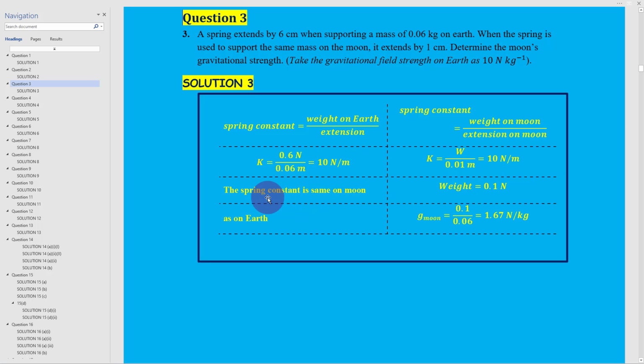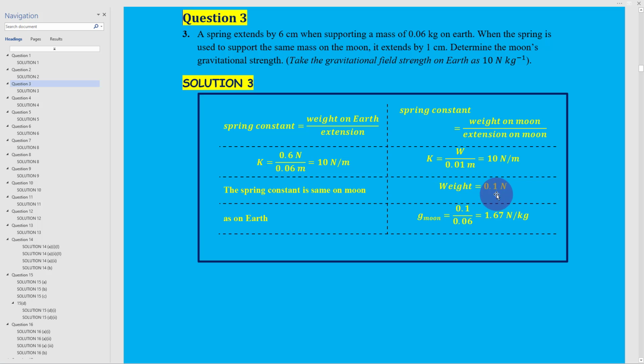We have already agreed that the spring constant is the same on the moon as on Earth. So calculating the same spring constant on the moon, we will get spring constant is equal to weight on the moon divided by the extension on the moon. So K will be equal to 10 Newton per meter, which is the weight on the moon divided by the extension on the moon.